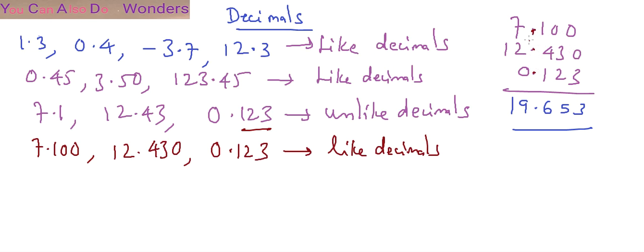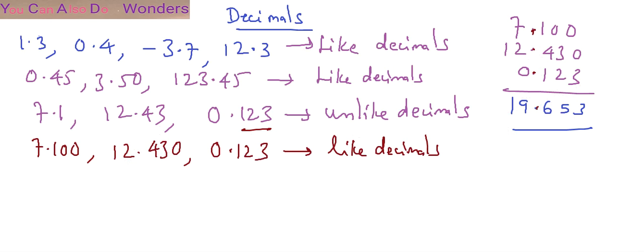Now it's easy to add, just like addition of any whole number or natural number. In the result after adding, the point will come exactly in the same place vertically. So the sum of these decimal numbers is 19.653.